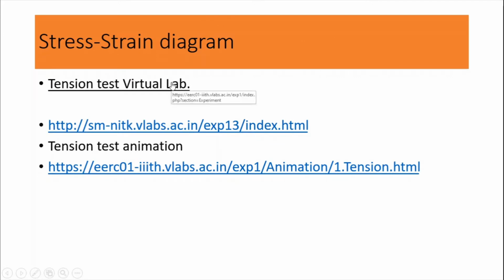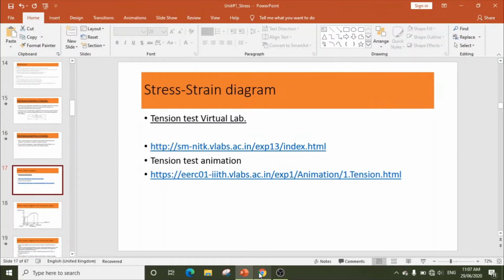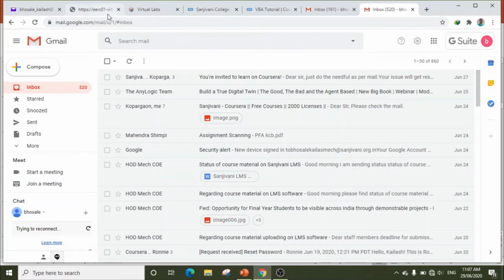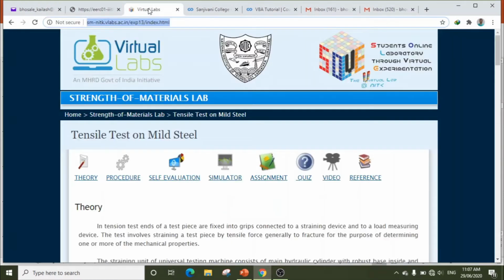There are some software designed by IITs and NITs to conduct the test. So we'll go to this web page. This is the page developed by NIT Surathkal.